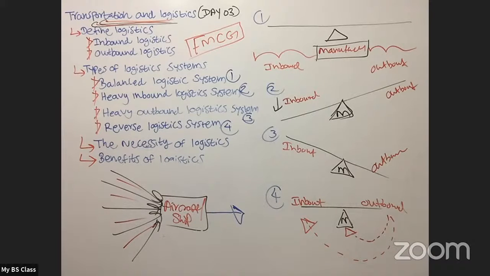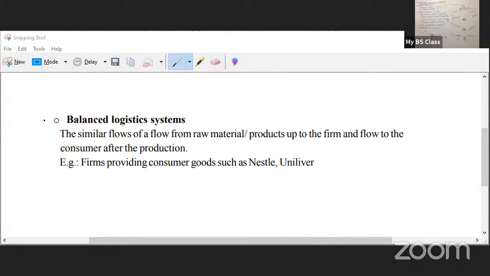Shall I share the screen? Balanced logistics system: the similar flows from the raw material, products up to the firm, and flow to the consumer after the production.